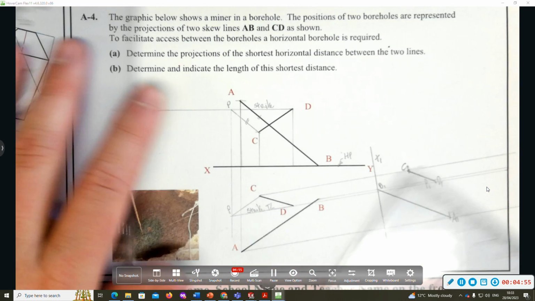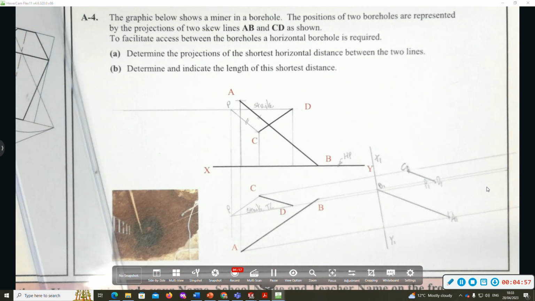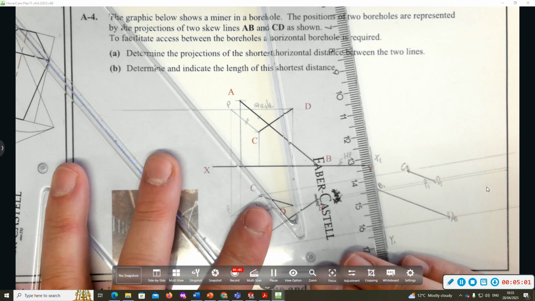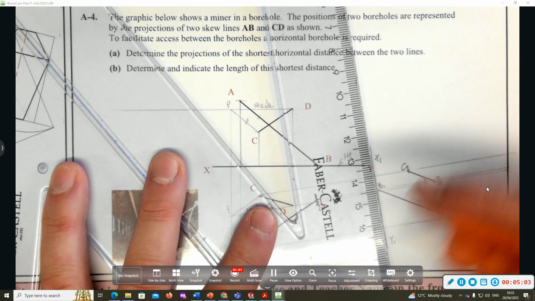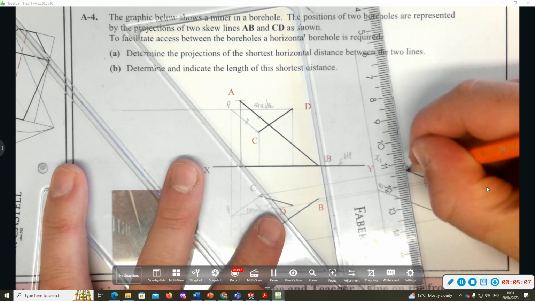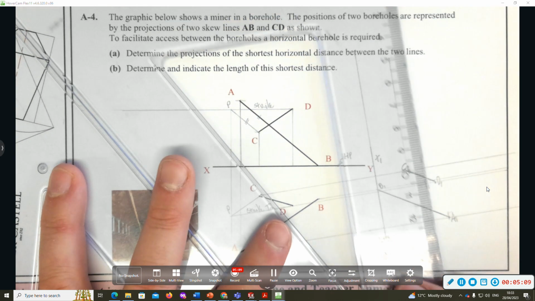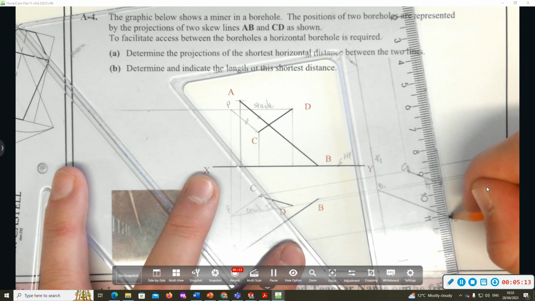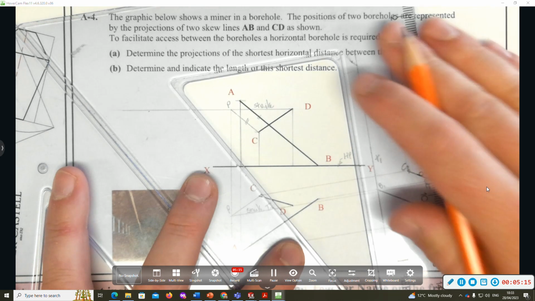Now we're going to have to look along the X1, Y1 line to get the shortest horizontal distance, because the X1, Y1 line is the horizontal plane. That's why we're looking parallel to the X1, Y1 line, because the shortest horizontal distance line has to project as a point. So projected parallel to the X1, Y1 line.